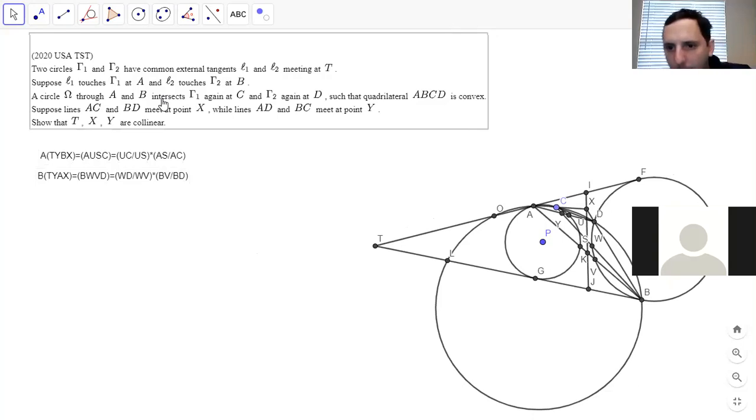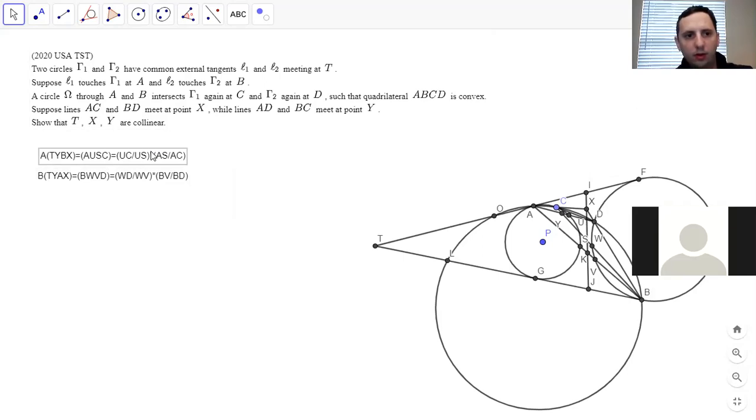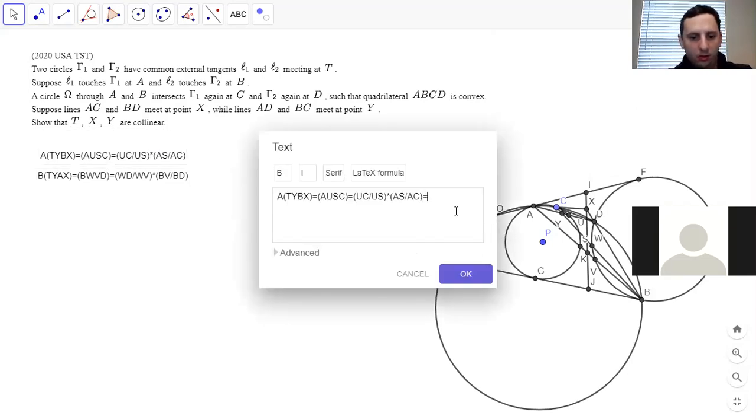Okay, so we're gonna try to use sines to show that these are equal. So UC over US is sine of UAC over sine SAU, times AS over AC.